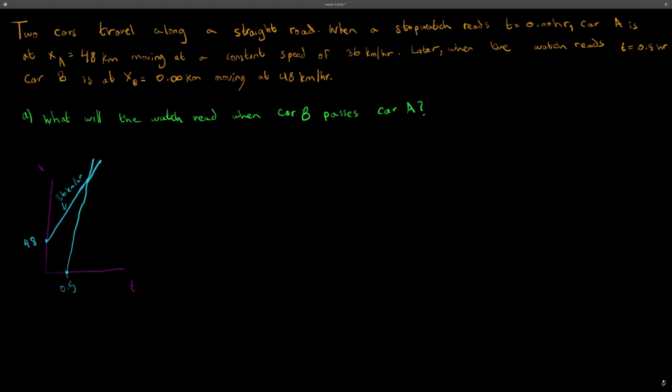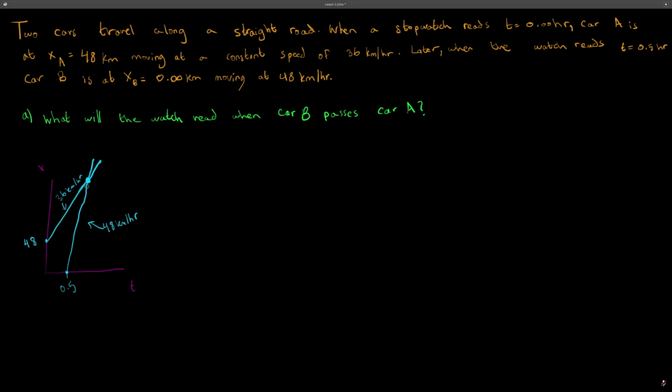Eventually, they're going to intersect, since they're both linear lines and one has a greater slope, which is 48 kilometers per hour. This may not be the most accurate graph, but it's just for the sake of the concept.